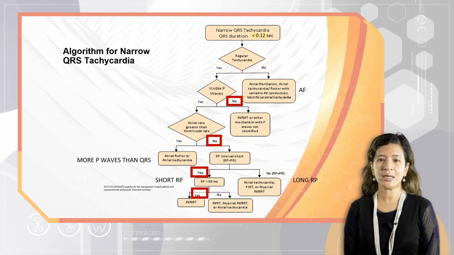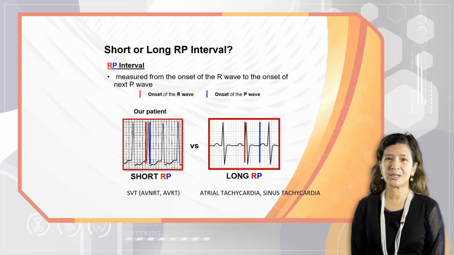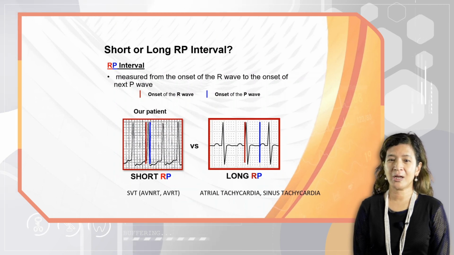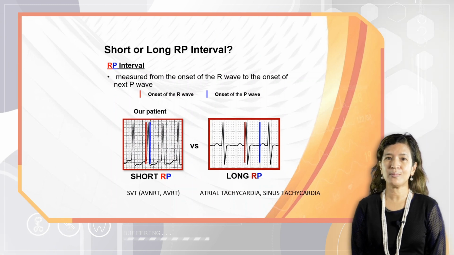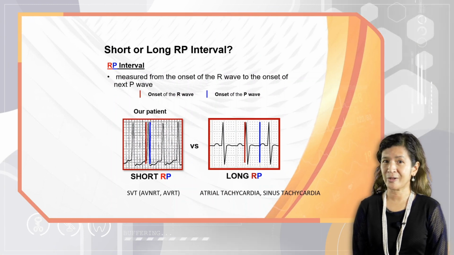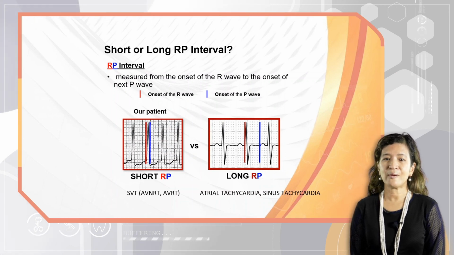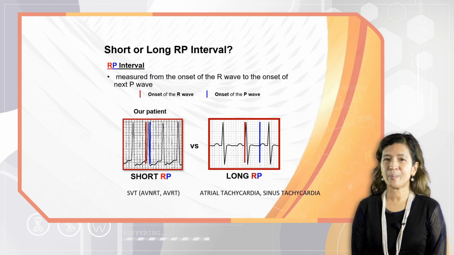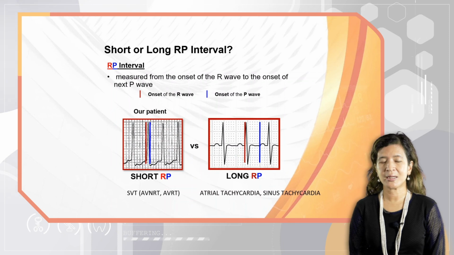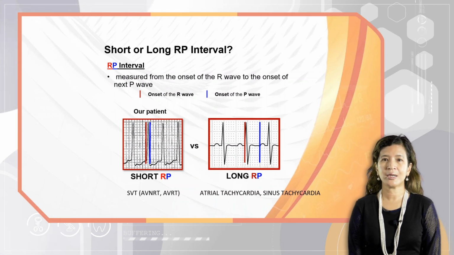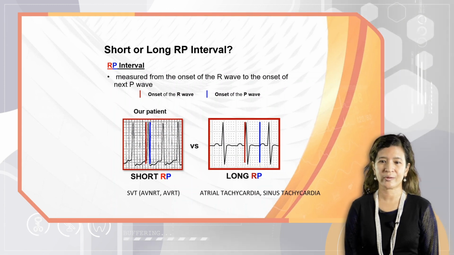Shown in this slide is how to measure the RP interval. In red is the start of the R wave, and in blue is the start of the P wave. The interval between red and blue is the so-called RP interval. It is considered a short RP tachycardia if the RP interval occupies less than half of the RR interval. On the other hand, it is a long RP tachycardia if the RP interval occupies more than 50% of the RR interval.